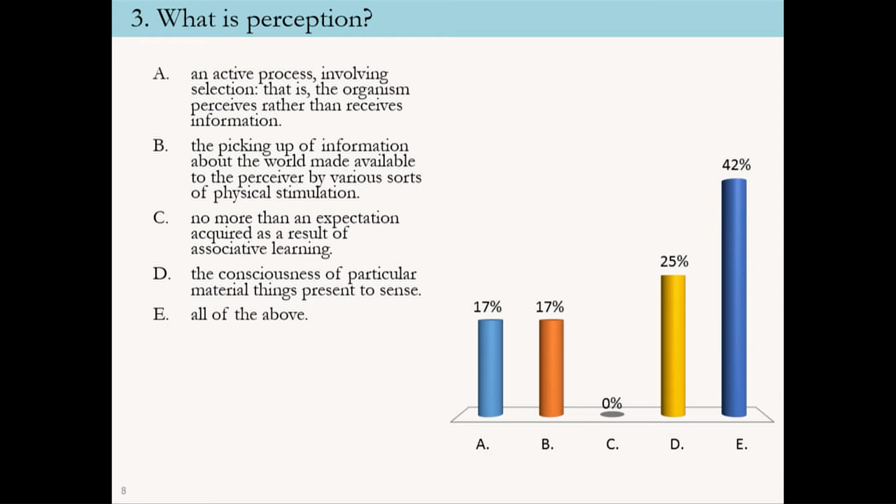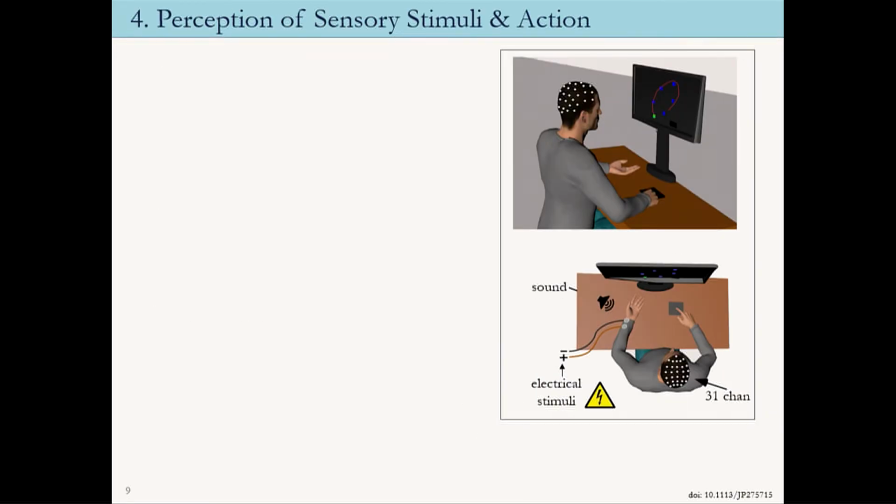So my point with this slide is that while EEG and action are a bit more clear-cut and we understand what we are talking about, perception is a bit more fuzzy because it may require some other processes like attention or awareness, and all these are included in a more general concept. But you will see how this difficulty in defining theoretical some concepts also gives some unexpected results when you actually do the experiment. So we have described everything that we need to know, and let's move on to the experiment.